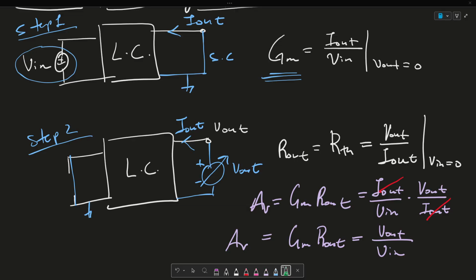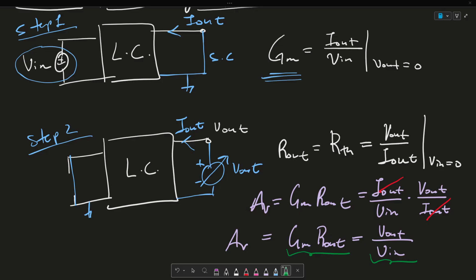And what we say is this approach is sometimes easier than finding an equation for Vout in terms of Vin and solving for Vout over Vin. For the purposes of the circuit we're doing, there's what you call an inversion property.